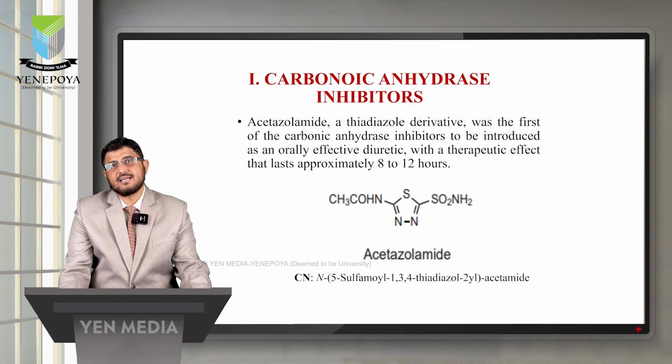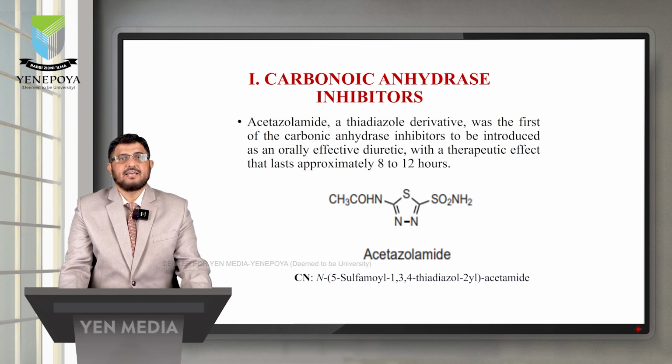So, we can see here thia means sulfur, di means 2, and azole means nitrogens. So, it is called a thiadiazole derivative, and it also contains the sulfamyl functional group and acetamide. The chemical name is N-5-sulfamyl-1,3,4-thiadiazol-2-yl acetamide.